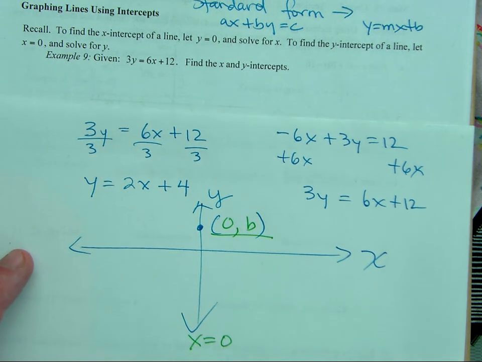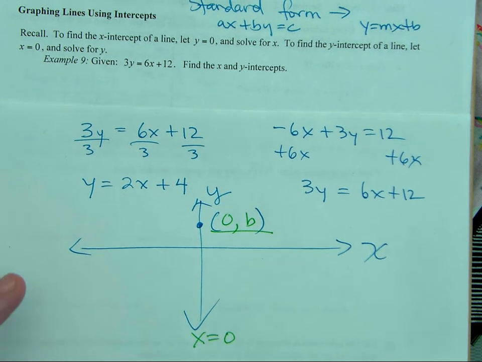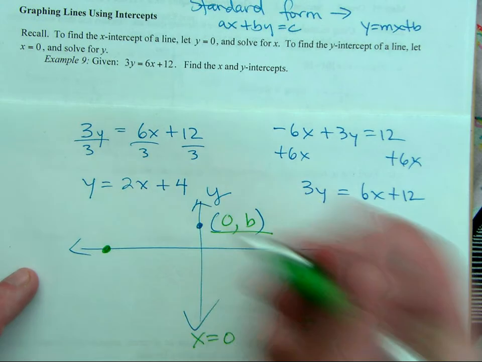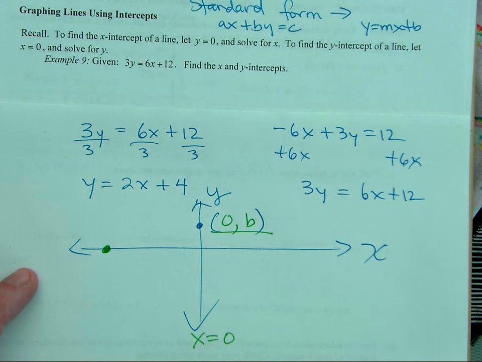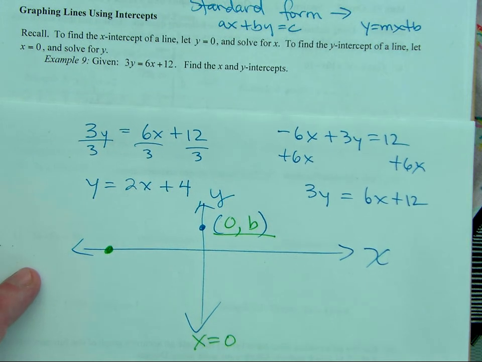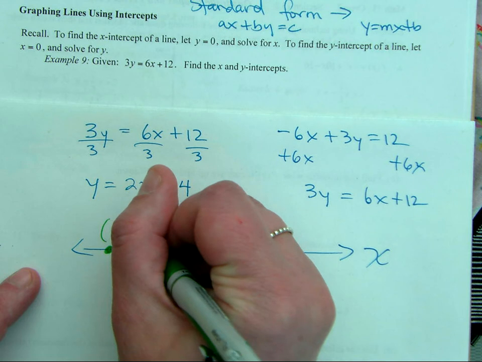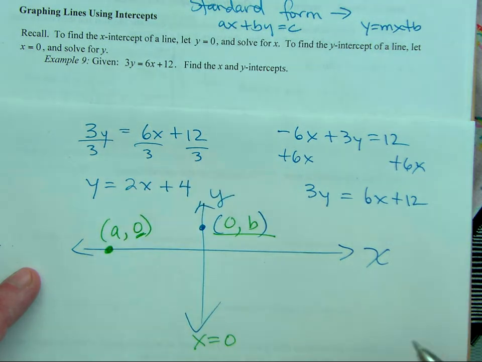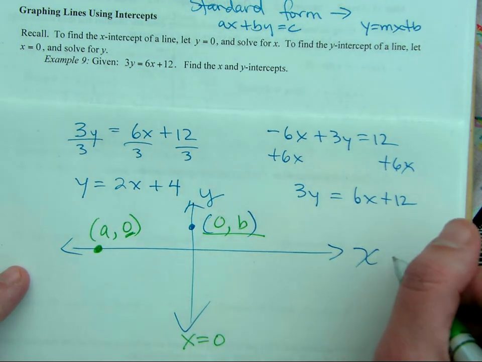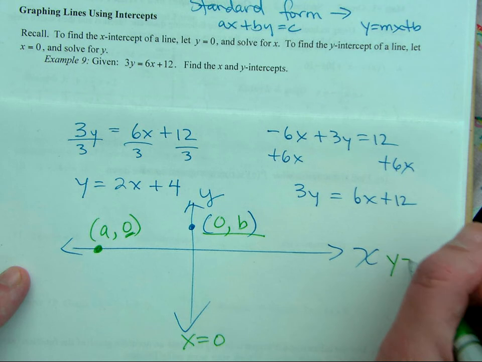What do you know about any point on the x-axis? The y is equal to 0. So you might have a, comma, 0. It actually means that the equation of the x-axis is y equals 0.